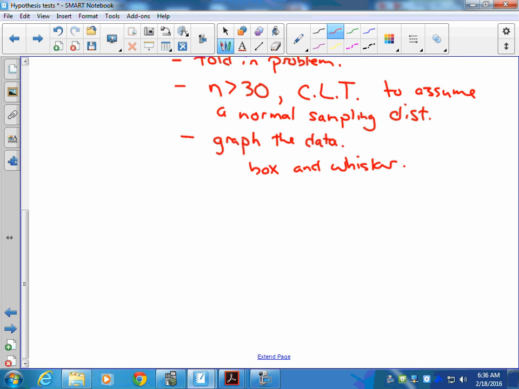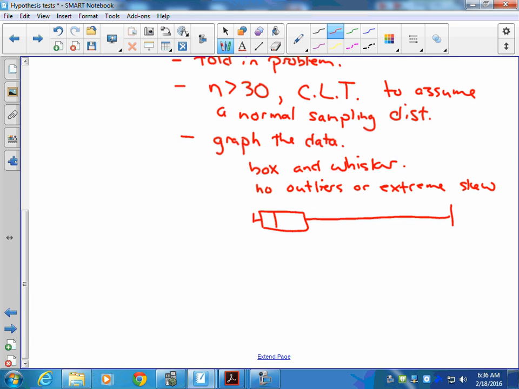And with that sketch, we're just looking for no outliers or extreme skew. When we're talking about an extreme skew in a box and whisker, we're looking at something like this. That would tell us that we're not necessarily dealing with a normal sampling distribution.